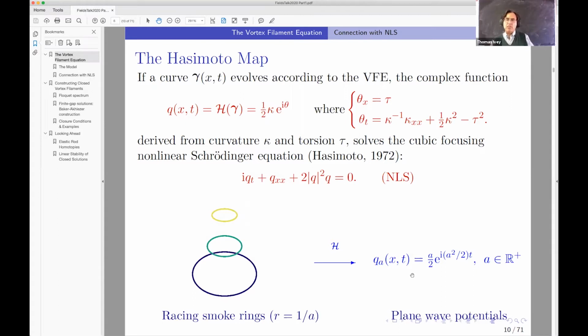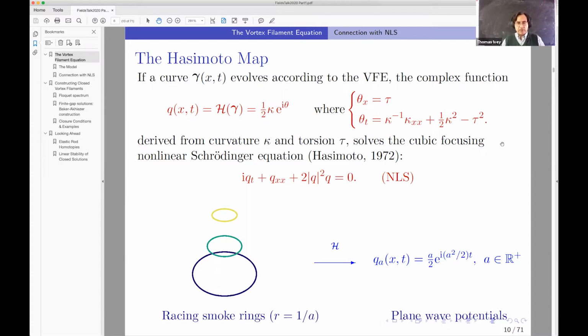And if you make the corresponding Q under the Hashimoto map, it has no x dependence. This is a plane wave solution of NLS. But as you can see, the theta in the exponent there has to have non-trivial t dependence. Well, it's just a constant times t. But we do have to pay attention to this evolution.